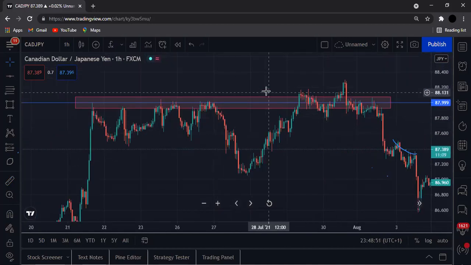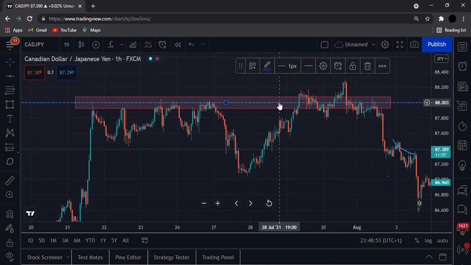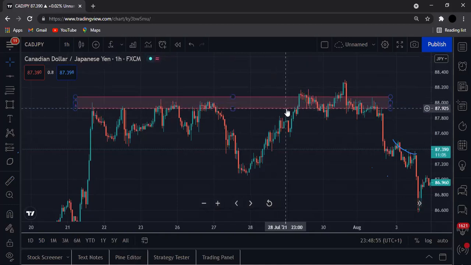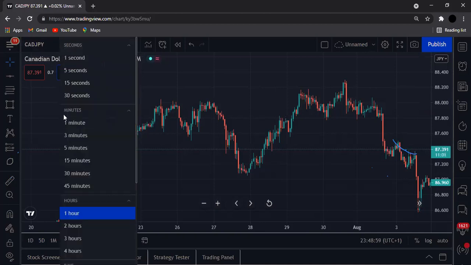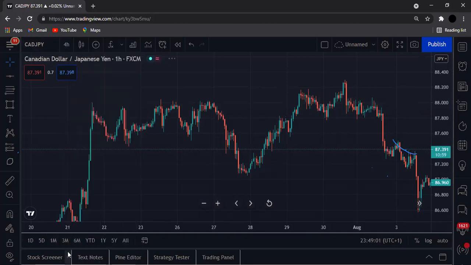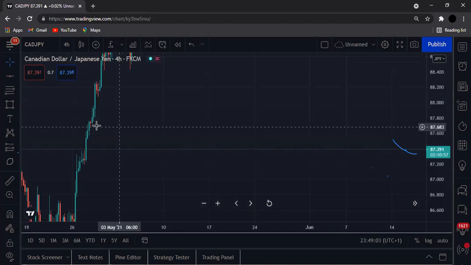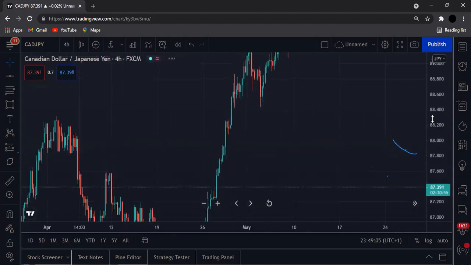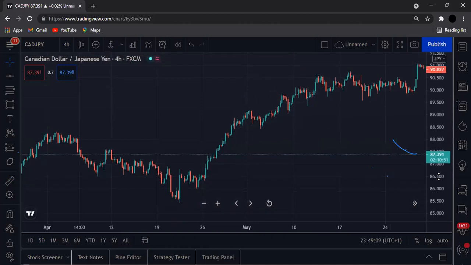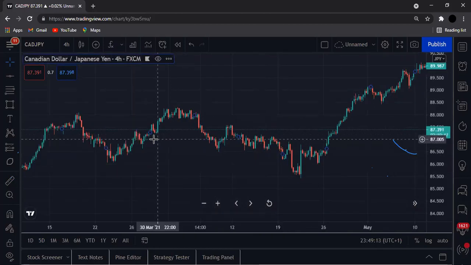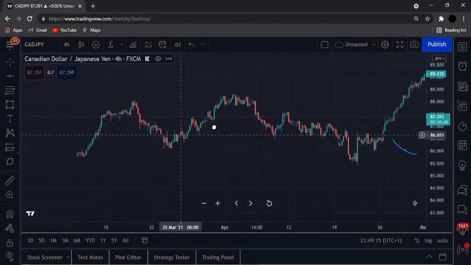So let's try looking for a support. I'm still going to show you the diagonal or slanting resistance, but for now, let's just do horizontal. Okay, let's check for a support.